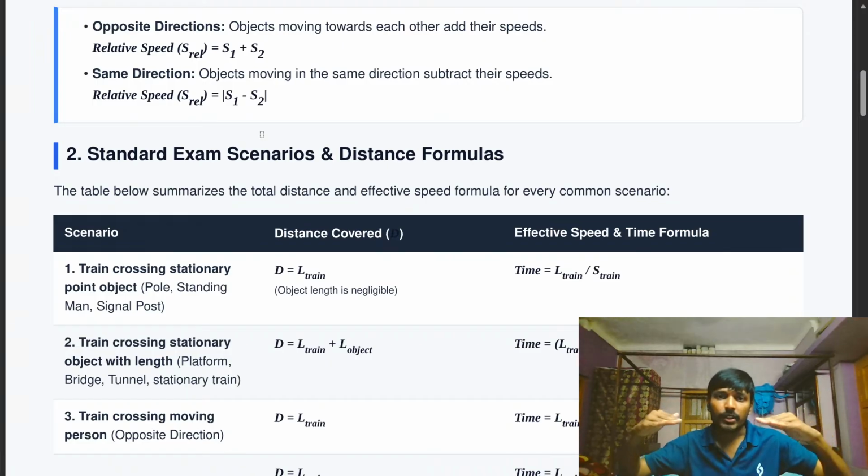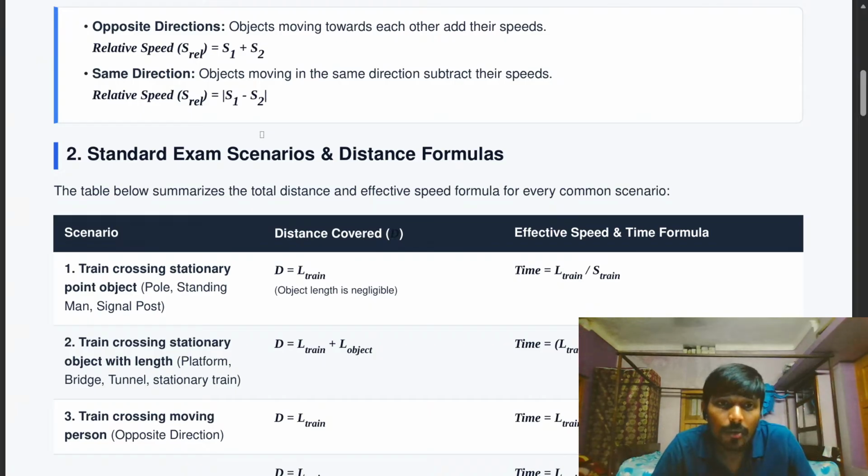If they are moving towards each other, then their speeds will be added. That means this is 30 and this is 50, so the relative speed is 80 kilometer per hour. So add their speed.